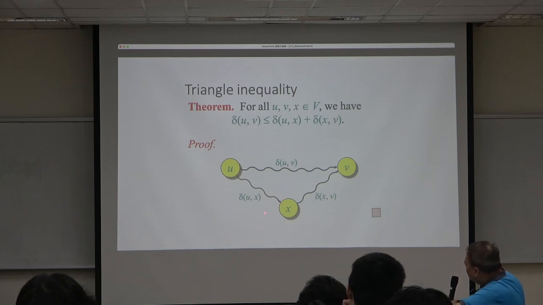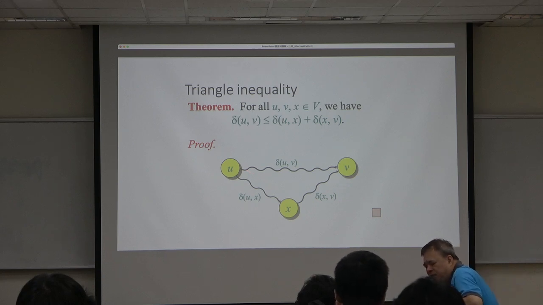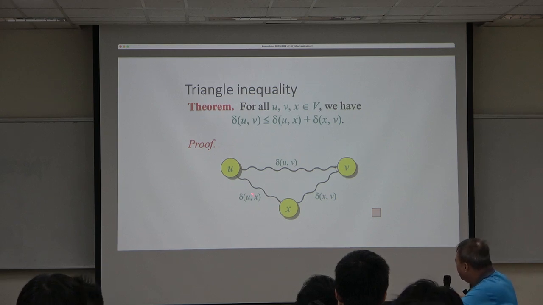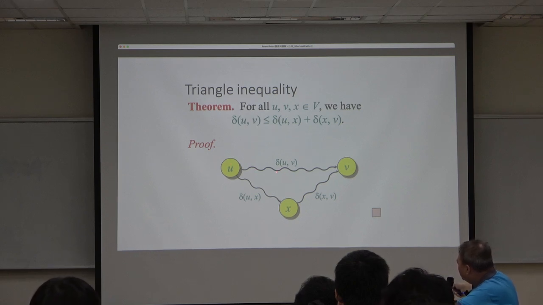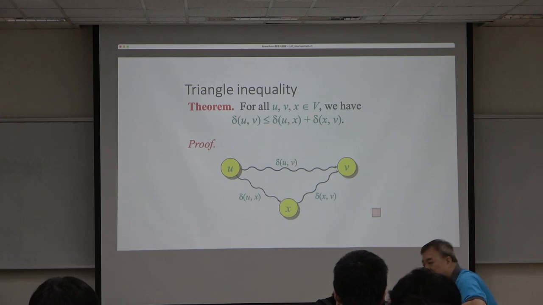There are two different scenarios that we can talk about. The first one is if x is a node in the shortest path from u to v, somewhere here. Then the weight of the shortest path from u to v would be the weight of the shortest path from u to x plus the weight of the shortest path from x to v, obviously, right?